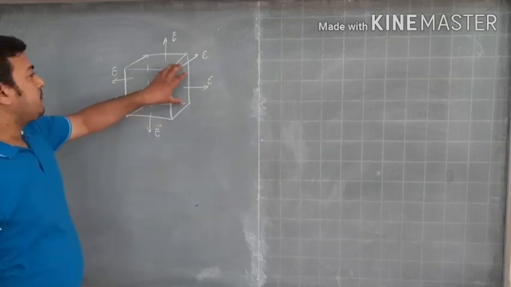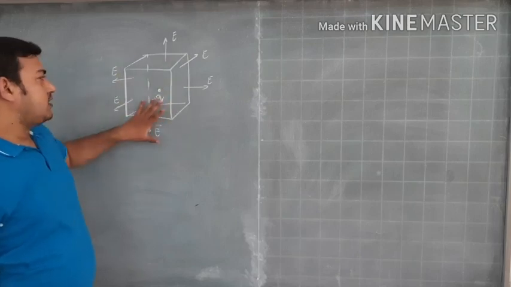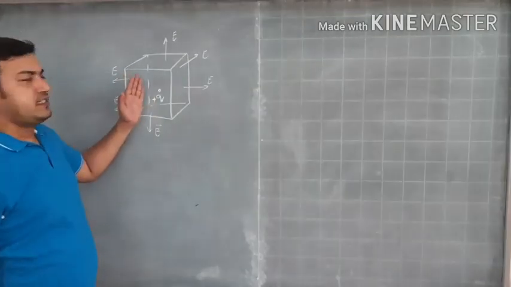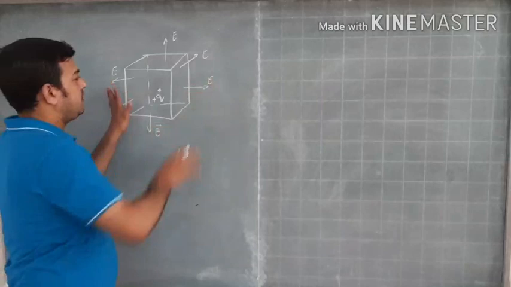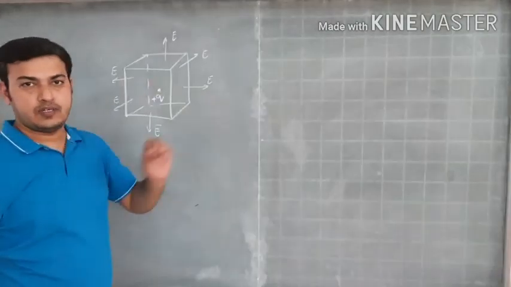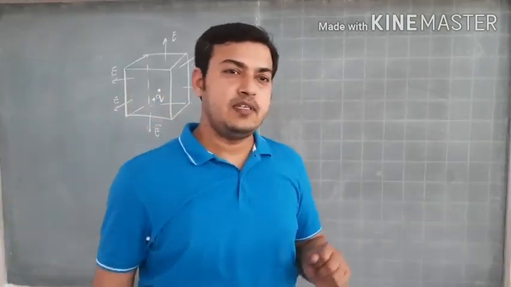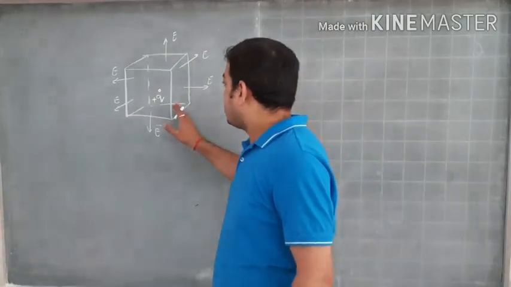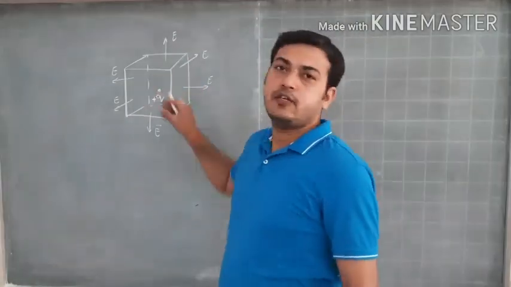As you can see, from all the surfaces of this cube the field lines are going away, outward. In that case, we say that flux is outward from this cube.